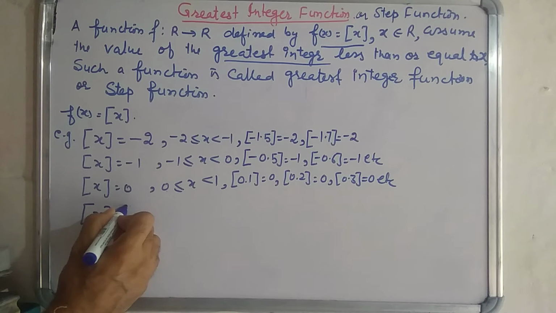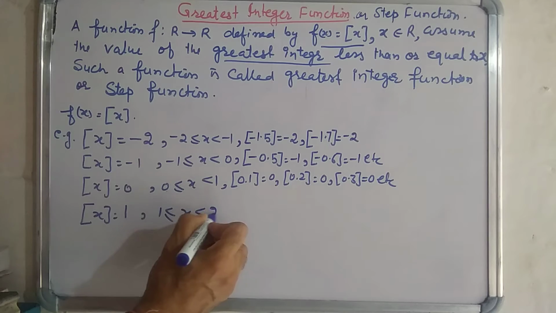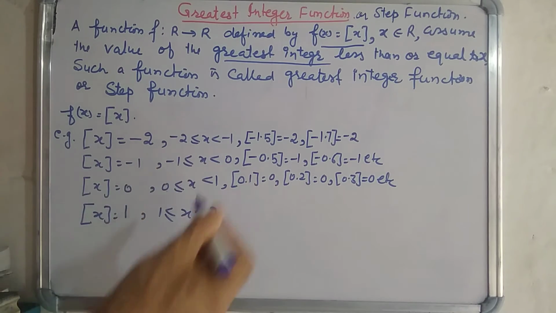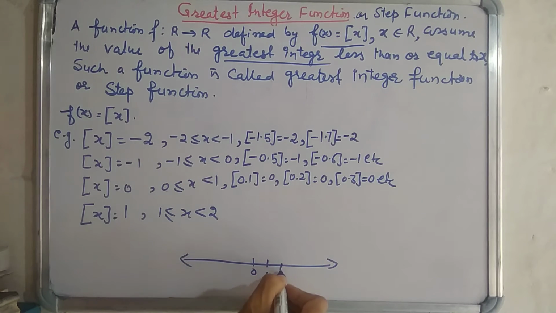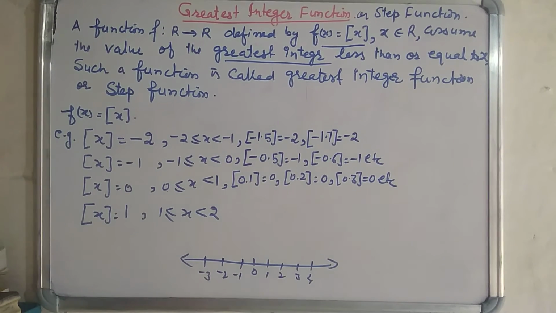The greatest integral value will be 1 if 1 is less than or equal to x less than 2. Now if we see this on the number line, 0, 1, 2, 3, 4, minus 1, minus 2, minus 3, and so on, we can see the pattern.